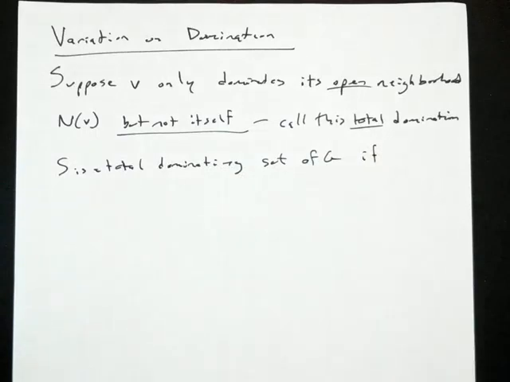So let me go back to the definition from last week. A set was a dominating set if every vertex was covered, and covered in this case included being a member of the set or being adjacent.